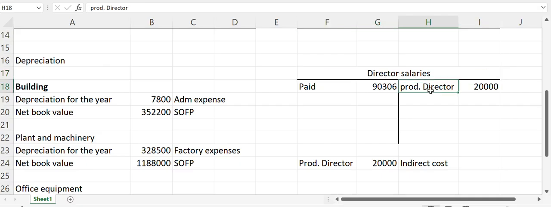So we are going to remove for production director, because the production director is going to be recorded under manufacturing account. Why? Because these are people who are involved with the responsibility of managing the affairs of the production process of a company. So whatever will be paid to them should be under manufacturing cost.